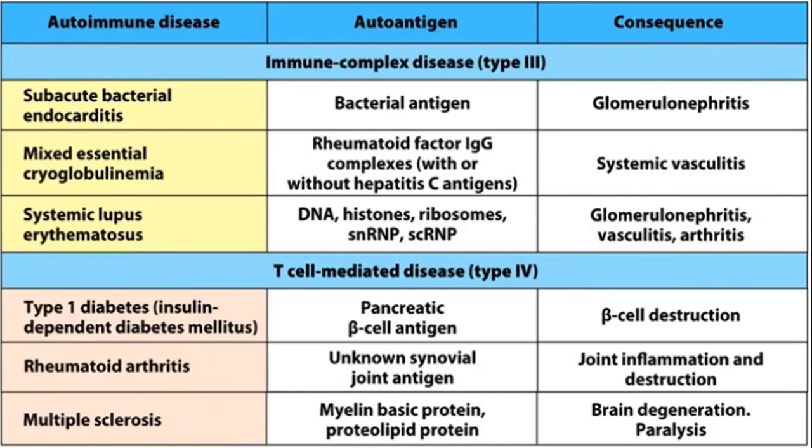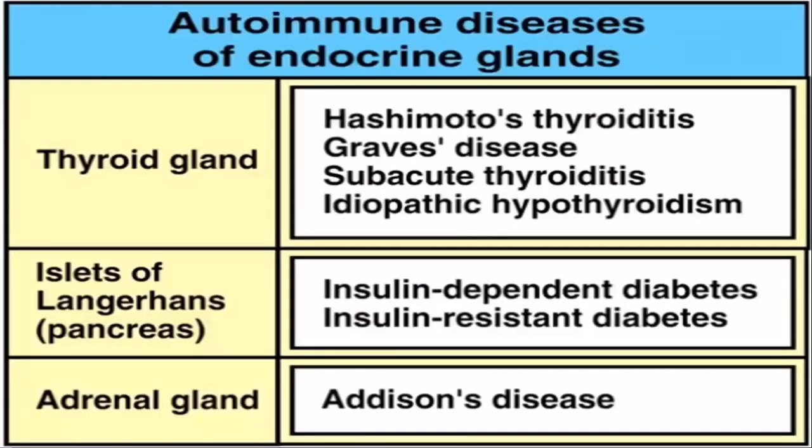And so this would eventually lead to formation of pannus, leading to joint inflammation and synoviocyte destruction. And then in multiple sclerosis, autoantibodies are directed against myelin components, particularly the proteolipid protein component. And so this causes neural or brain degeneration and paralysis.